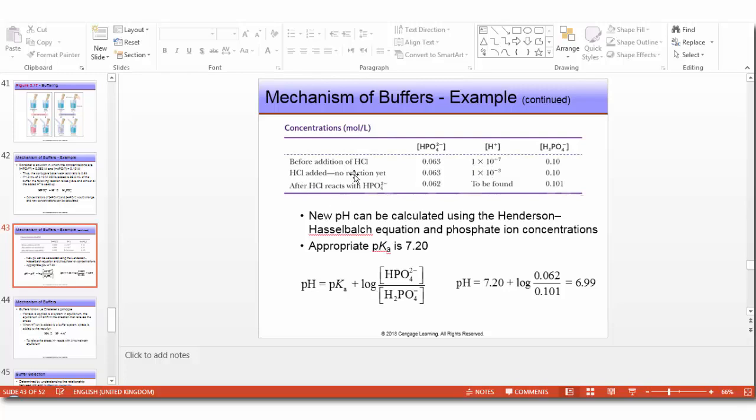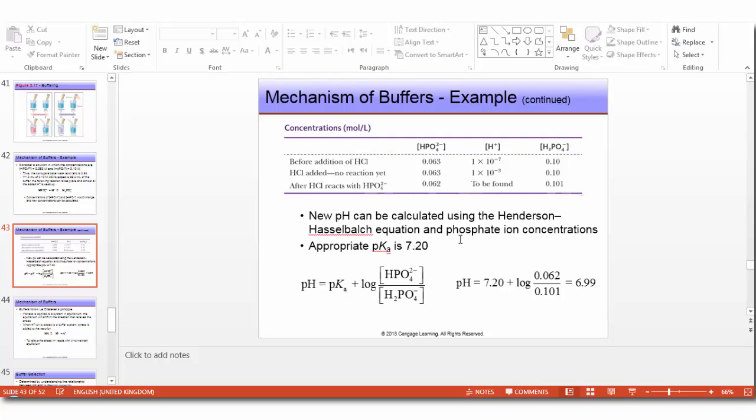Now HCl added, no reaction yet. We added this amount, 1 times 10 to the minus 3 molar, and this will react with the base, so it will consume 0.001 from the base, forming 0.001 of the acid. So these are the new concentrations after adding this HCl.